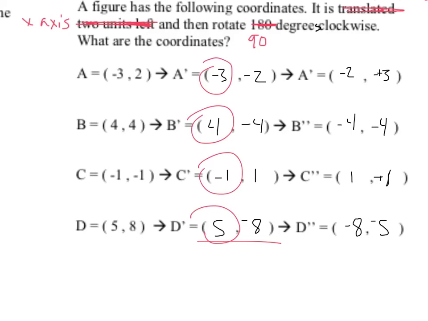That's going to make a big difference in your figure if you do not have those signs switching properly. Those 90-degree rotations, clockwise and counterclockwise, are the most difficult to get straight. Make sure that you are super focused on your work when you're doing 90-degree rotations.